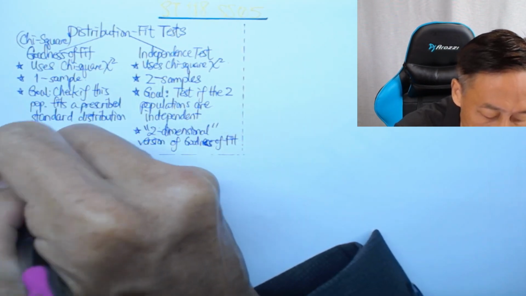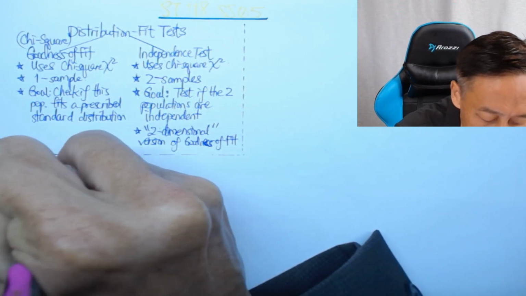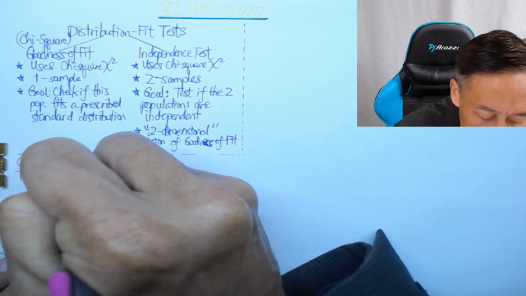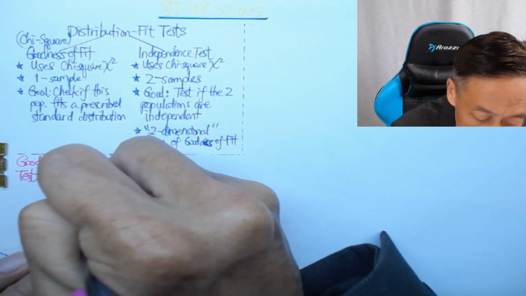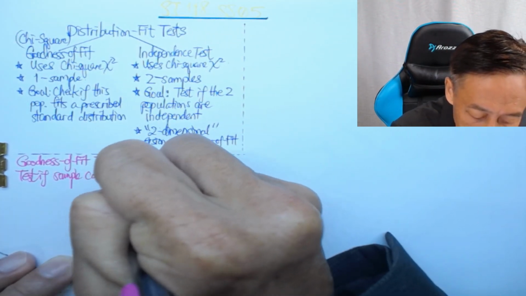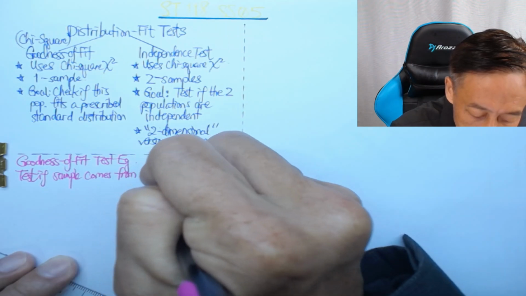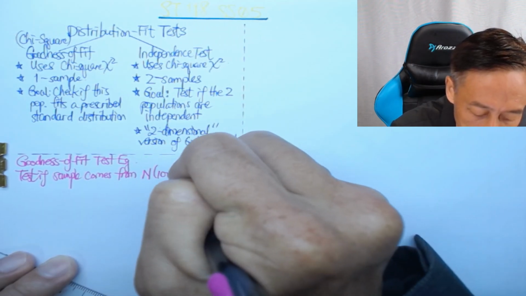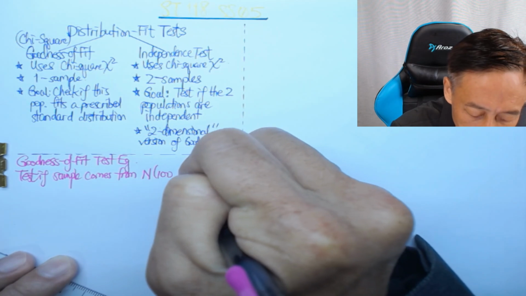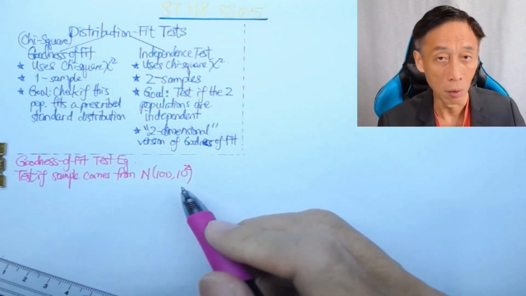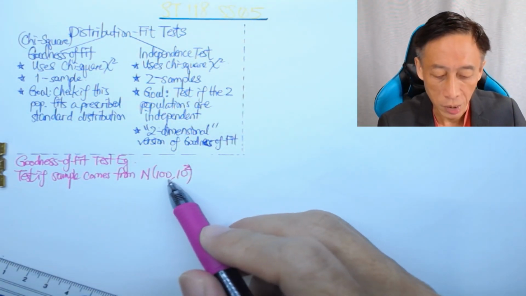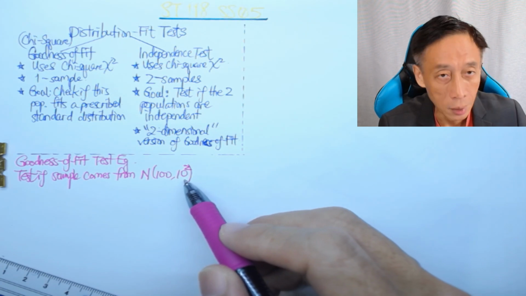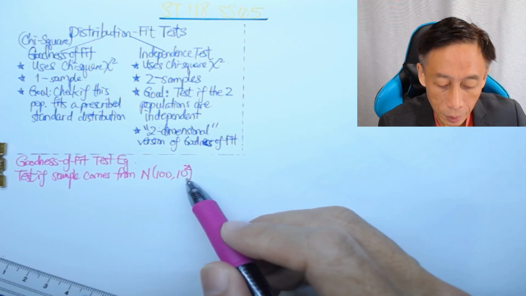All right, so test if the sample comes from a normal distribution with a mean of 100, standard deviation of 10. Our hypothesized population mean, and hypothesized standard deviation.